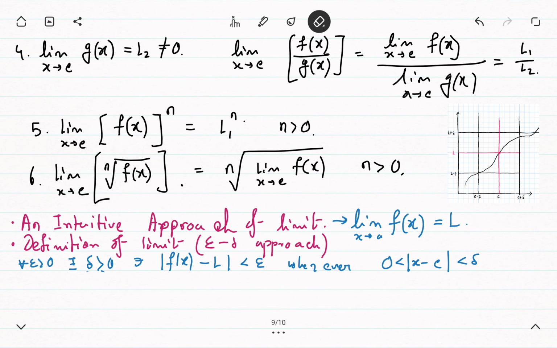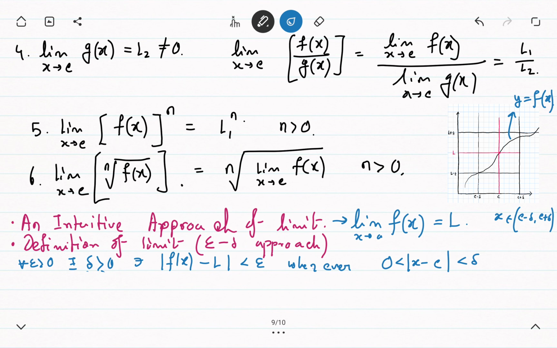If the limit exists, then we find a positive delta such that x lies within the open interval c minus delta, c plus delta, and the curve is the function y equals f of x.